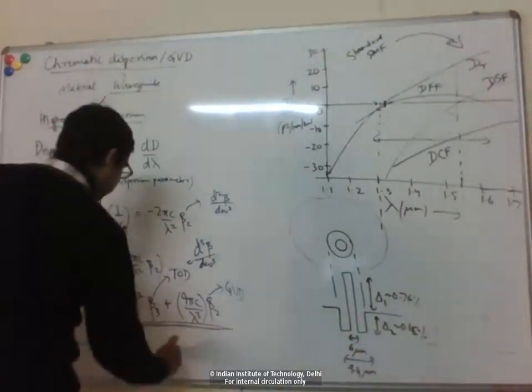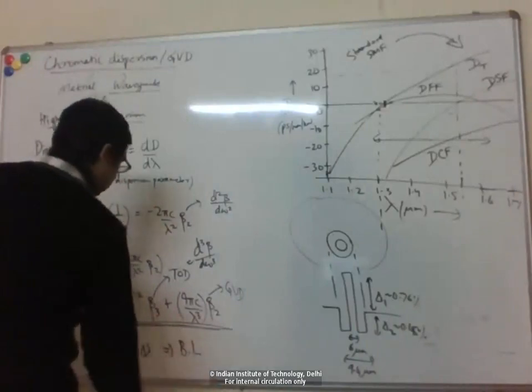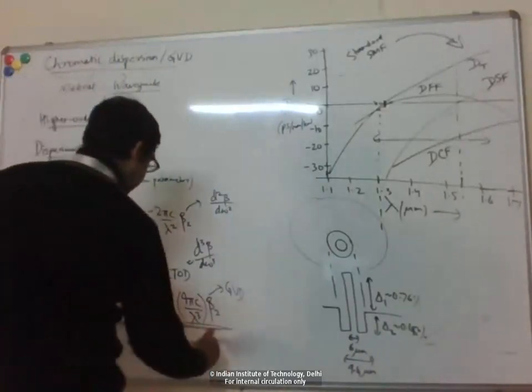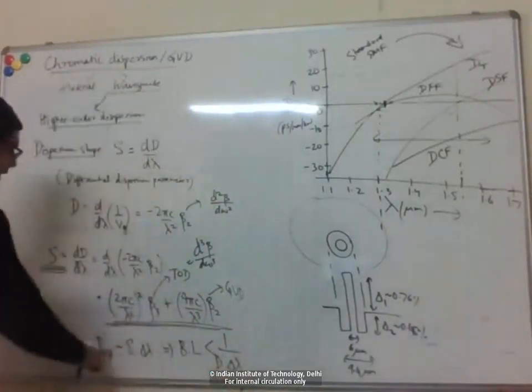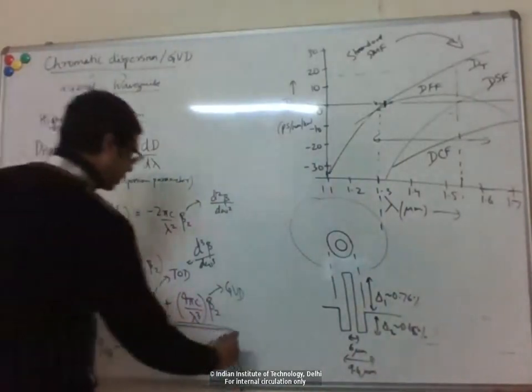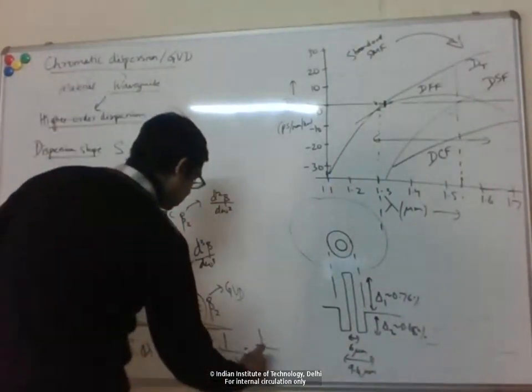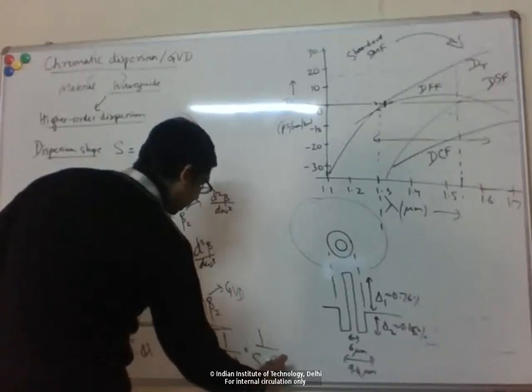So if I look at this bit rate times length, which was D times delta lambda, now for D I put S times delta lambda. So this becomes S times delta lambda square.